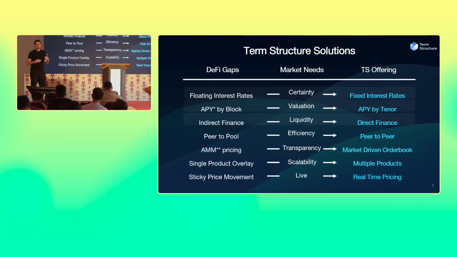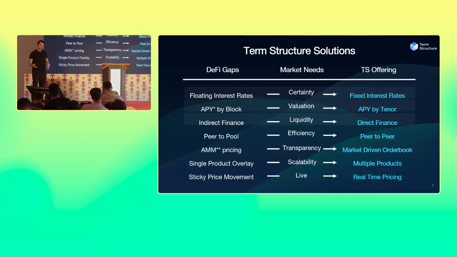Similarly, you have this peer-to-pool AMM pricing model that was meant to bootstrap liquidity, and there's a mathematical function where you don't necessarily know what's happening. So you have very little transparency, very little efficiency, and the idea is to go to peer-to-peer, to a market-driven order book where you have bids and offers that determine market prices, not a whale that, for example, withdraws liquidity from a pool, imbalances the pool, and then the prices depeg significantly.